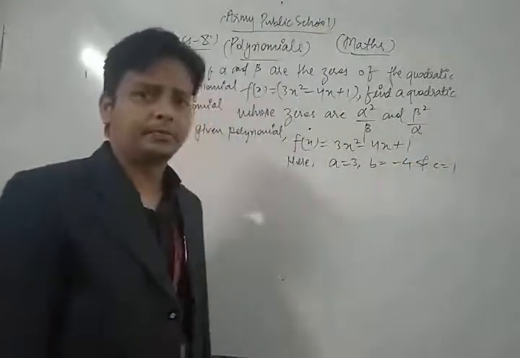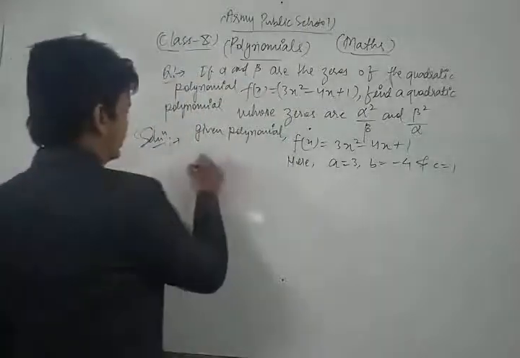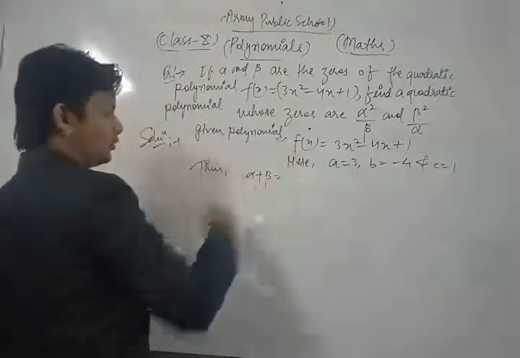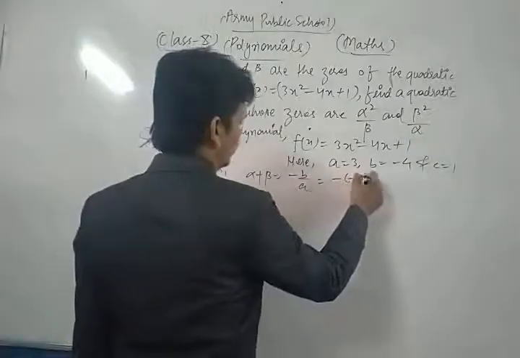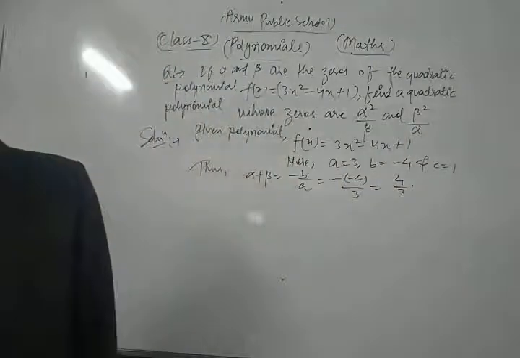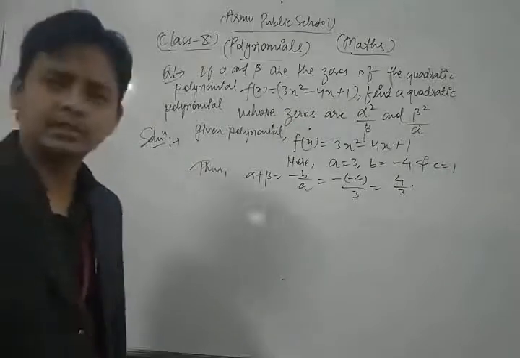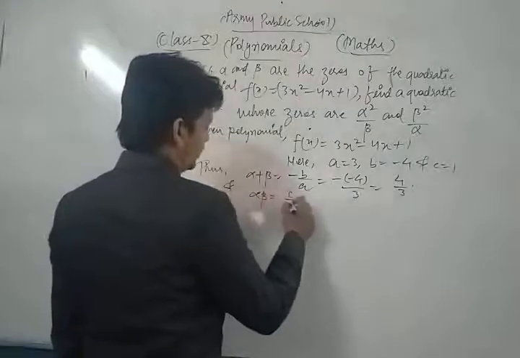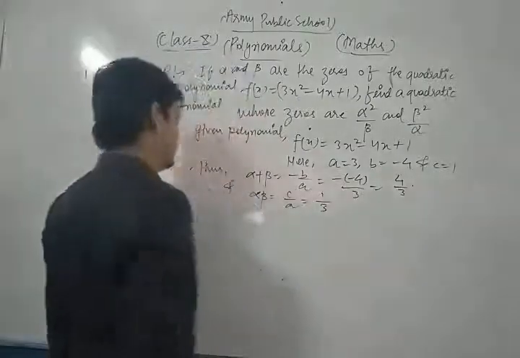Thus the sum of zeros, alpha and beta, the zeros of the given polynomial f of x, is minus b by a, so that is minus of minus 4 upon 3, that is 4 upon 3. This is the sum of zeros, and the product of zeros is c upon a, the value of c is 1 and a is 3, so it is 1 upon 3.